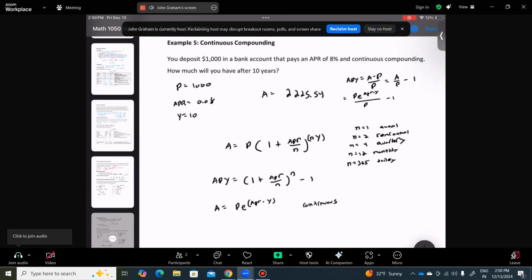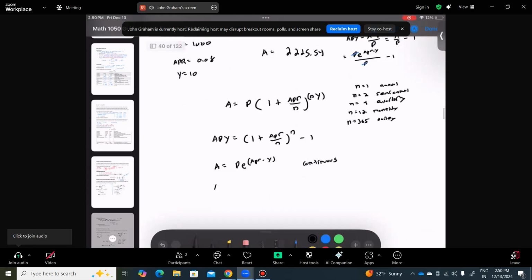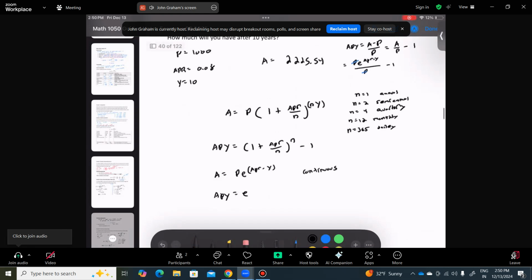And then the principal amounts cancel. Your Y is actually equal to 1. So with continuous APY, it's just your E, the APR times 1. So we won't write that in. E to the APR minus 1. Okay, so that's continuous.